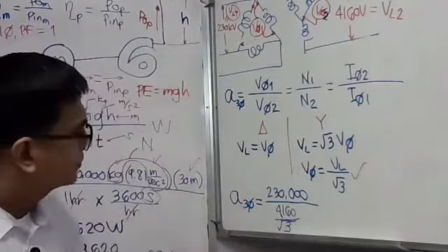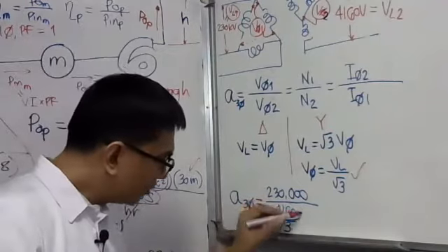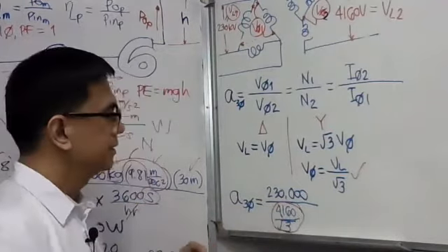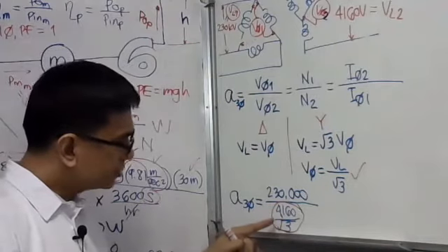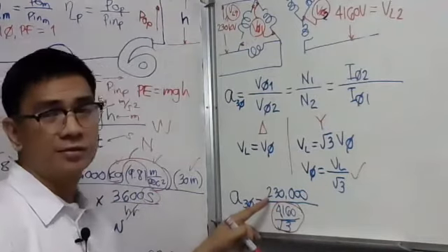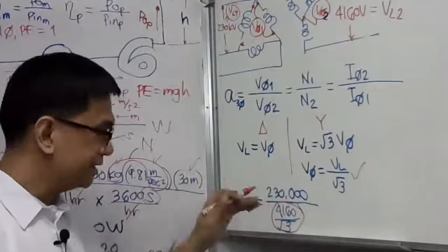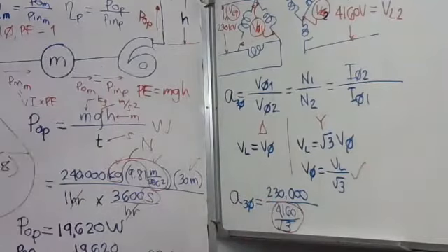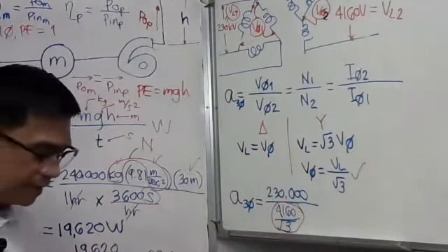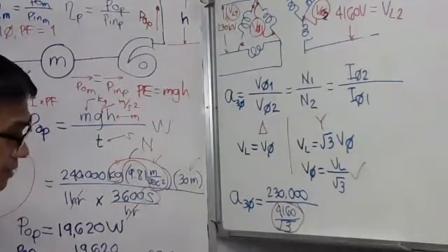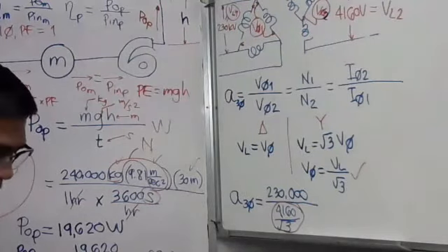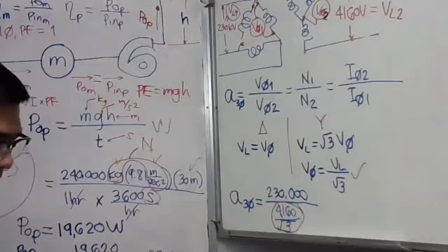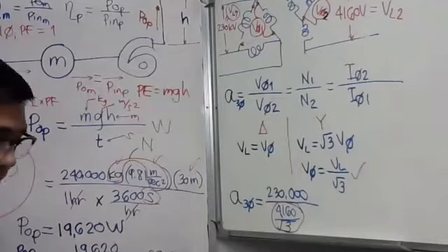So, get this first and divide it here. Well, this is easy. We can go directly in our calculator, or we can also make it 230,000 times square root of 3 divided by 4160.